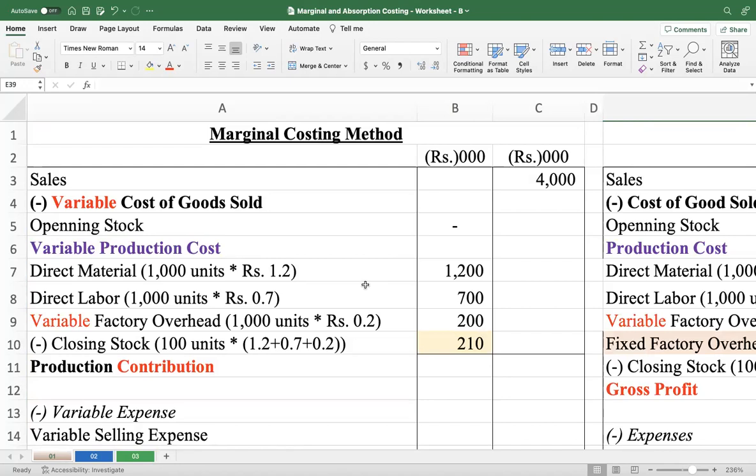Now here, we only took the costs that are attributable to the production because we wanted to find out the cost of goods sold. So remember here, closing stocks, you have to deduct.